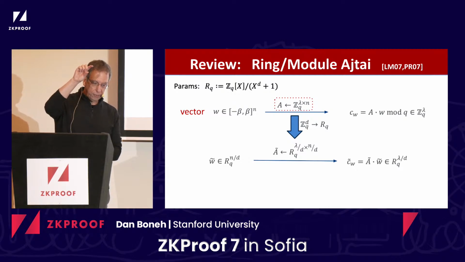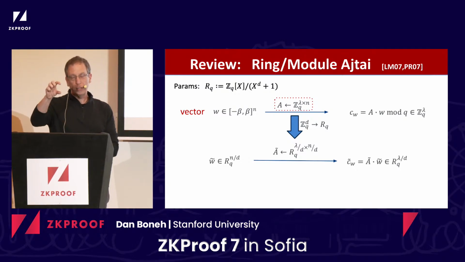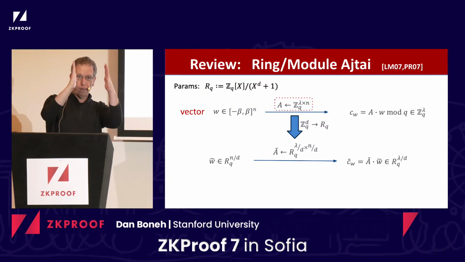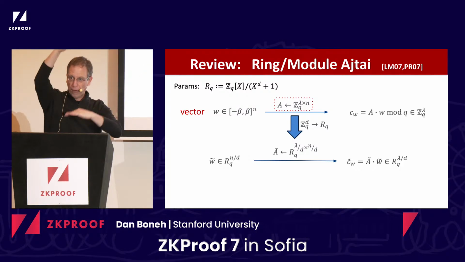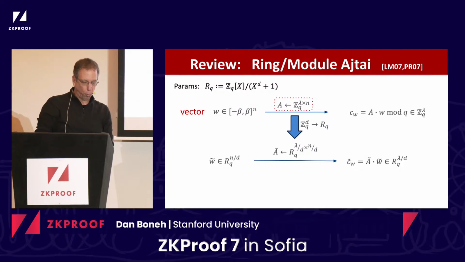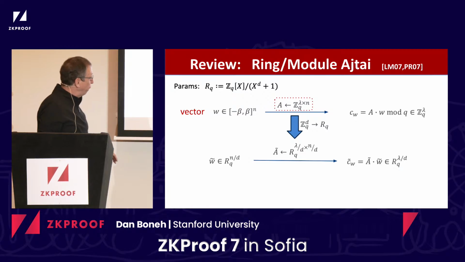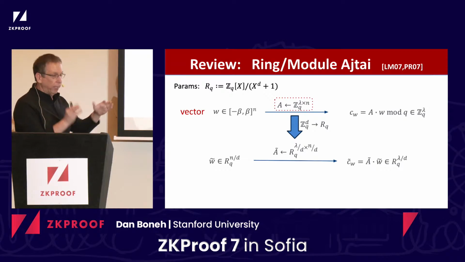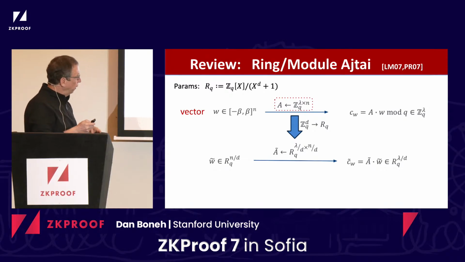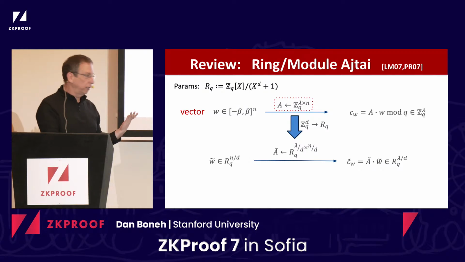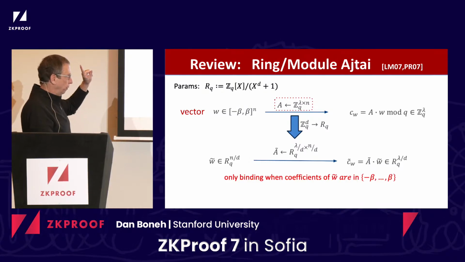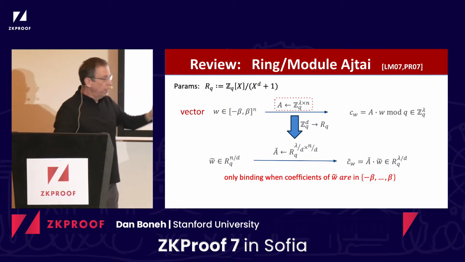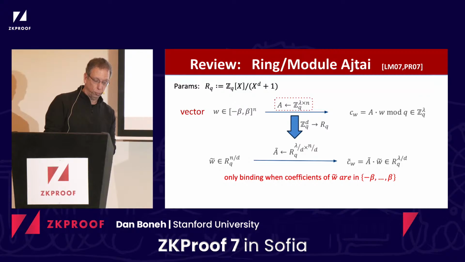Since every element in the ring is represented by D elements, we can shrink our vector and our matrix by a factor of D. The matrix shrinks both in the vertical and horizontal direction by a factor of D. Our vector shrinks by a factor of D, the commitment shrinks by a factor of D, and everything shrinks. Naively, you would say, "Oh, that doesn't really help much." Again, I have to state this again and again: it's very important that this operation is only binding when we're applying it to lower norm vectors.